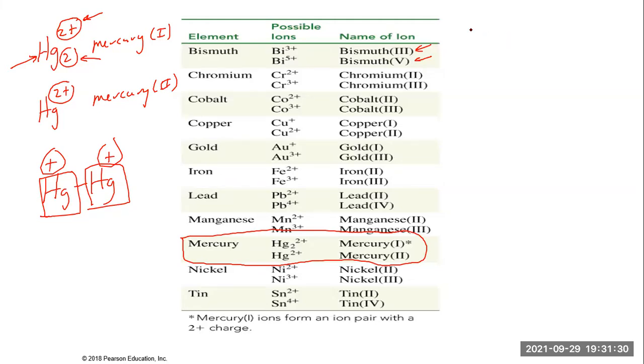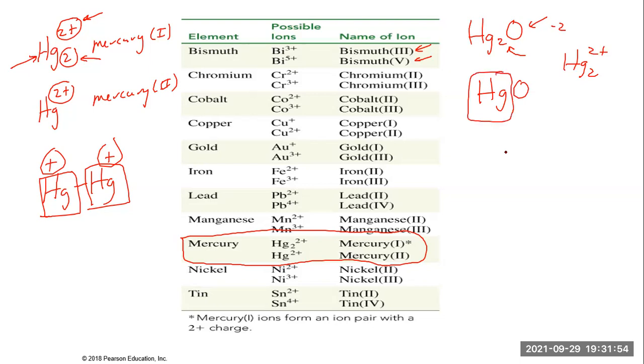So for example, if I did Hg2O, this one, we see that extra 2 that's here. Again, the oxygen is -2, which means this guy is basically Hg2 2+ or mercury 1. Here, with HgO, we do not see the 2 there, which tells us this is mercury 2.